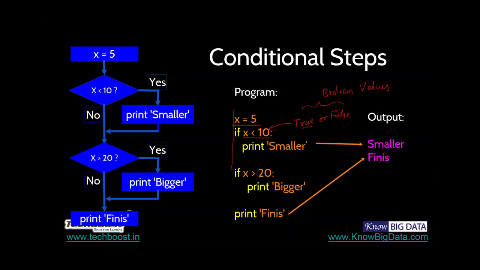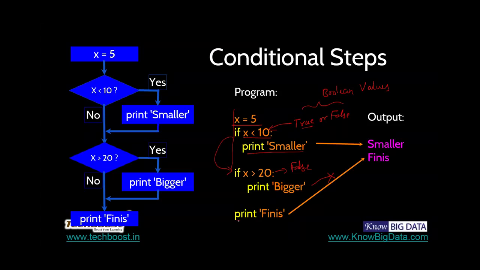Now, since this condition evaluates to true, we get this piece of code executed, which gives us the output smaller. And we have a following condition, which is x is greater than 20. Now, is x, which is 5, greater than 20? This evaluates to false, and this isn't printed.